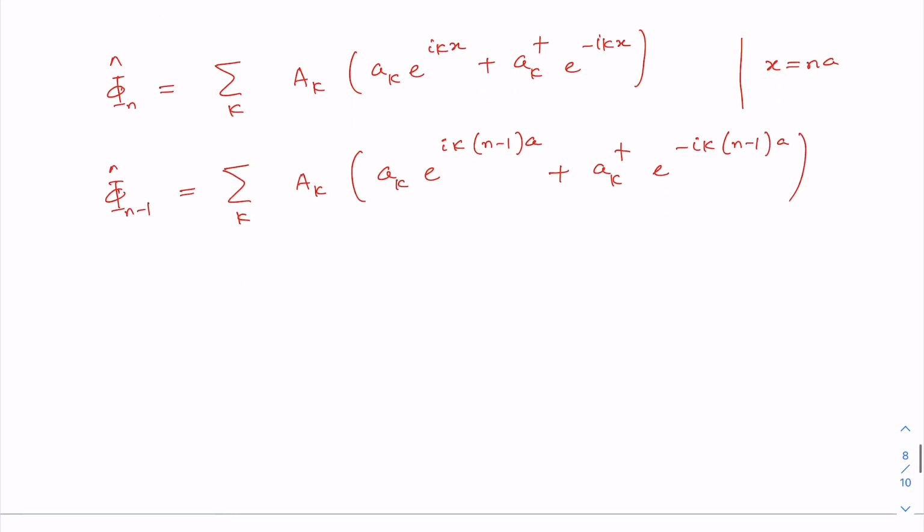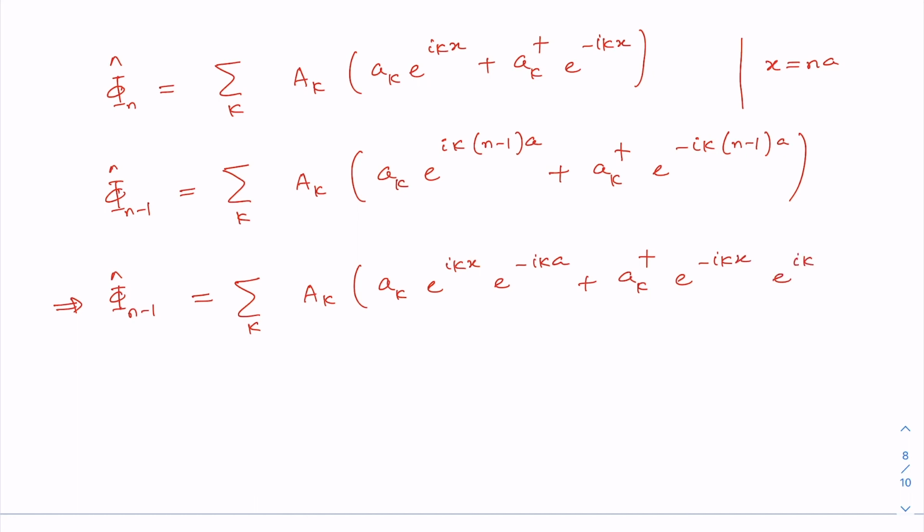Using this I can therefore write that phi n minus 1 is equal to sum over k ak e to the power I kx e to the power minus I ka plus ak dagger e to the power minus I kx e to the power I ka.